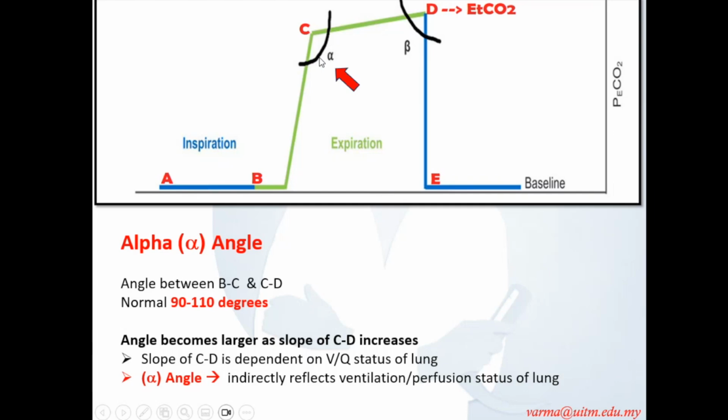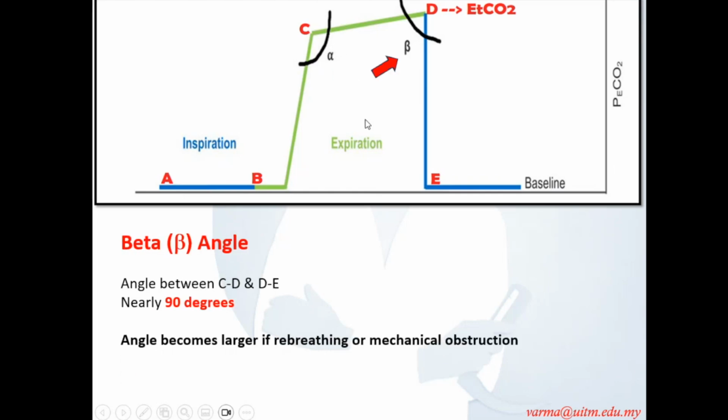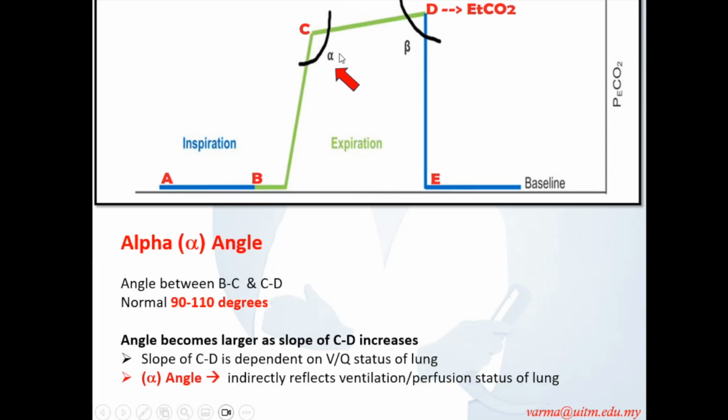It means the graph will slant, because it takes longer time. When it slants, the angle becomes bigger. The slope of CD is dependent on the VQ status of the lung. Alpha angle indirectly reflects the ventilation perfusion status of the lung. The moment it becomes slower because of the obstruction or anything, it causes the alpha angle to become bigger.